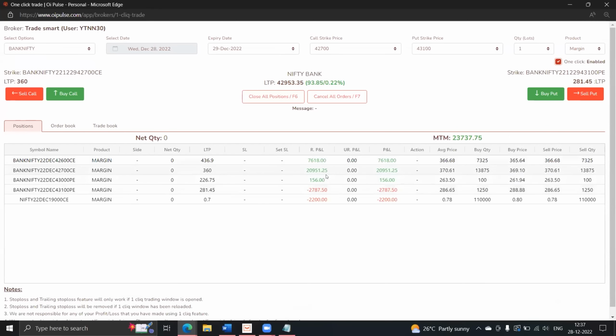That means you have already closed your trades. That is the realized profit. The unrealized profit is the running profit for the remaining quantity. Say, for example, you would have bought 1,000 quantity and then 500 would have been closed, 500 would be open. That is your remaining PNL. And then PNL is nothing but your realized profit plus your unrealized profit. It is a combination of both of these, which will be shown up here.